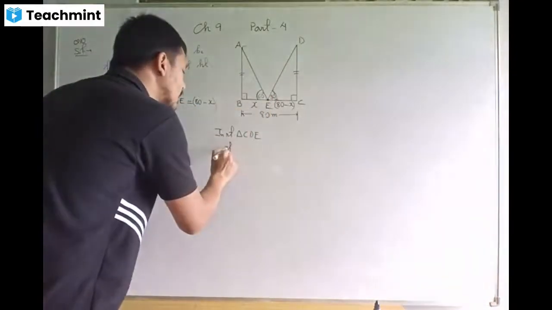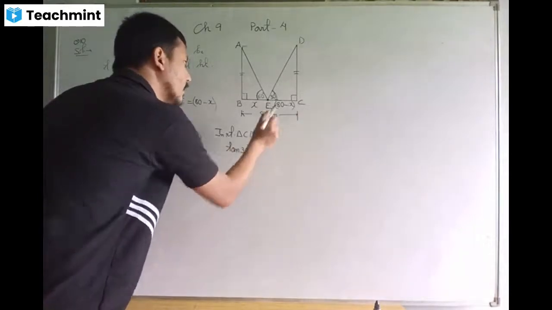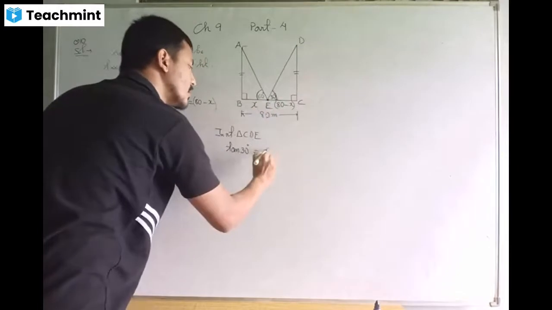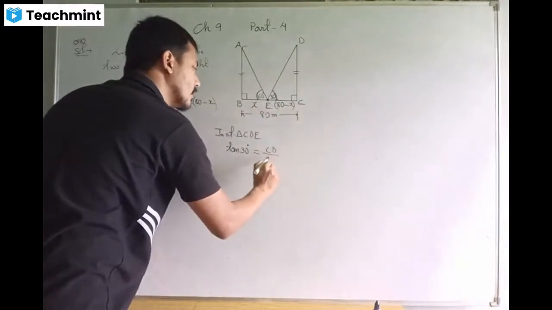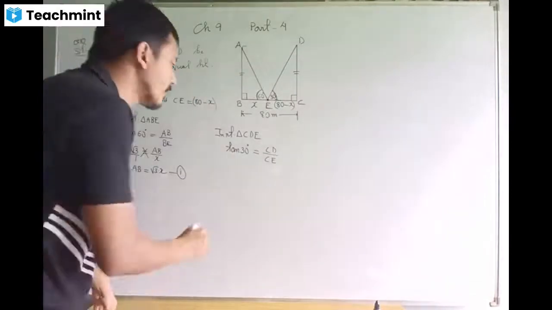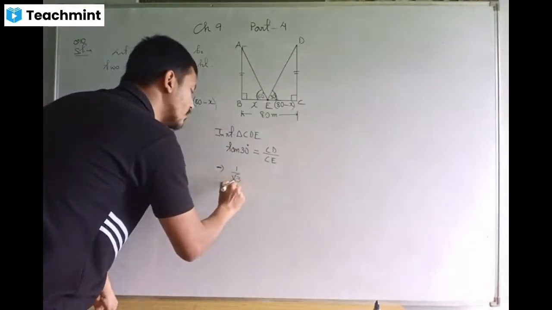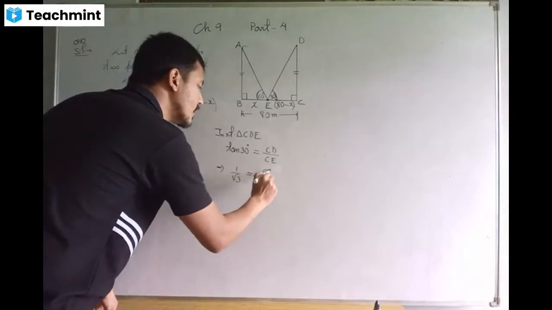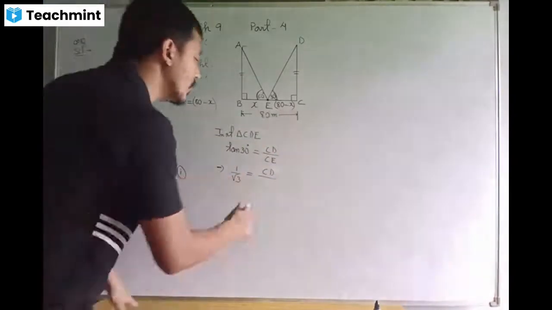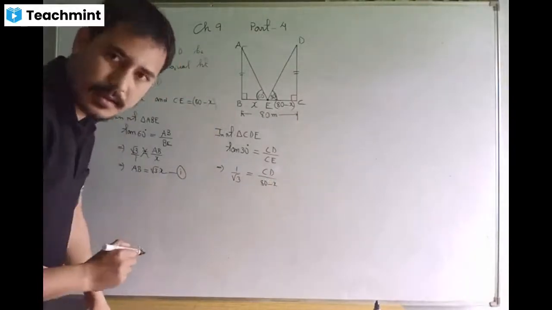So tan theta means the side opposite to angle theta, which is CD, upon the adjacent side. Tan 30 degrees is 1 upon square root of 3. CD is unknown. CE we have taken to be 80 minus x. Correct?